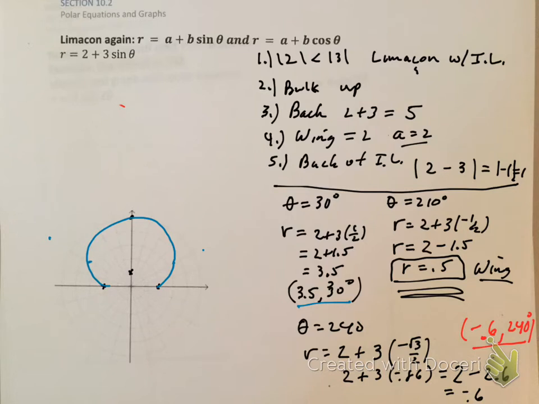Alright, so I'm done with the blue, so we can go into a different color. Let's do the wing in green. So the wing comes from this information right here. So I need to graph the point. I never wrote it, did I? Well, I don't think I ever wrote it. So what I'm going to graph is the point 0.5 and 210.